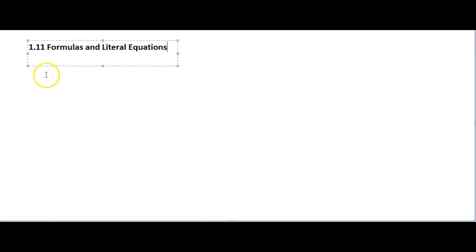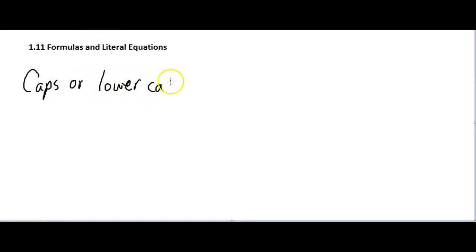Okay, a couple of last minute things that I want you to keep in mind when working with formulas or literal equations is to recognize whether the literal number is a capital or lowercase, okay? Caps or lowercase. It matters. If something is represented with a capital letter, it should be represented with a capital letter all the time in that particular formula.